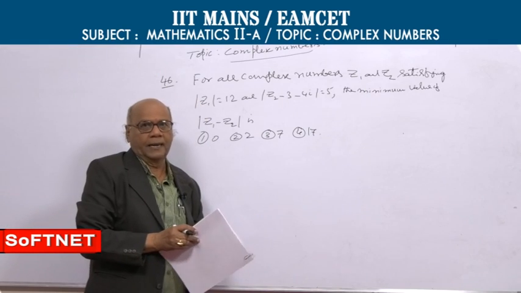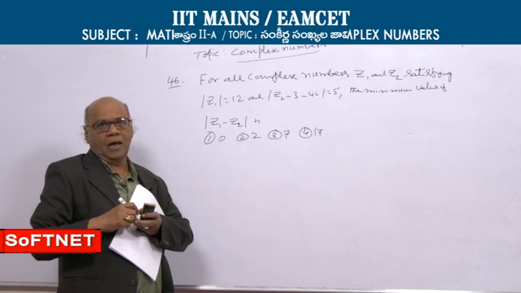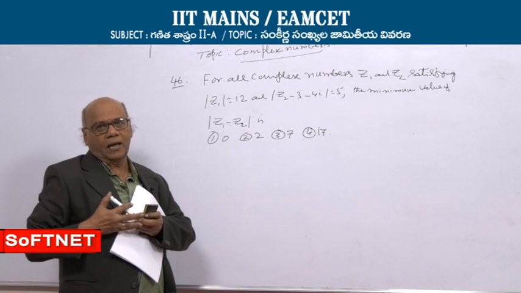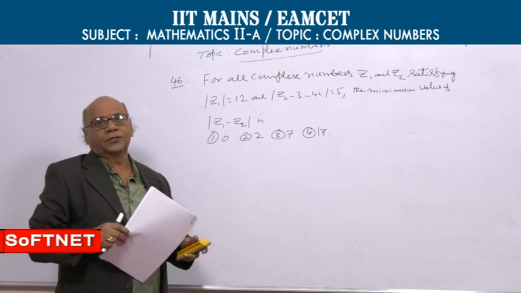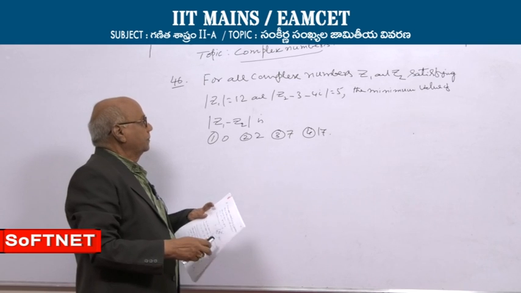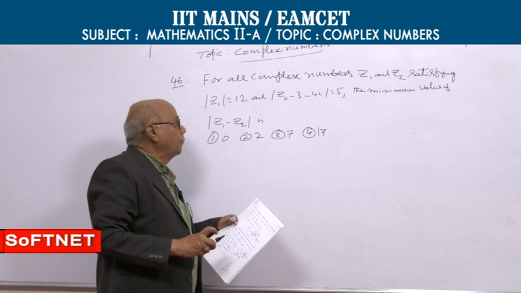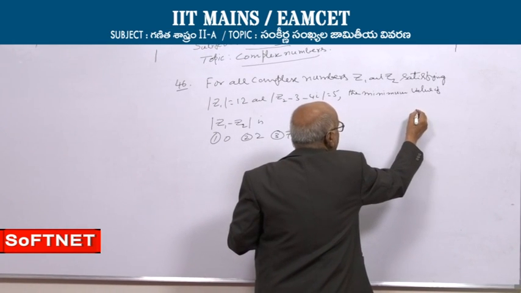Okay, right. All of you know that mod Z minus alpha is equal to R always represents a circle with center at alpha and radius R. So the first one is a circle with center origin and radius 12, and the second one is a circle with center at 3, 4 and radius 5.